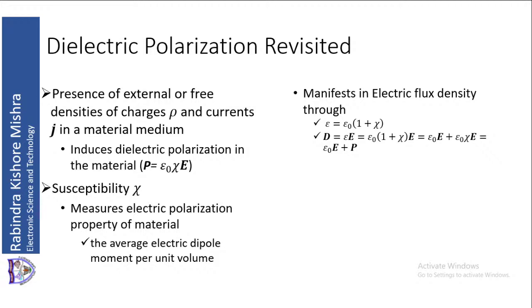As you know, D is equal to epsilon E. For epsilon, write epsilon 0 into 1 plus Chi. So D is equal to epsilon 0 into 1 plus Chi into E, that is epsilon 0 E plus epsilon 0 Chi E. Now we can write that as epsilon 0 E plus P, as we know P is equal to epsilon 0 Chi E. That is the polarization.